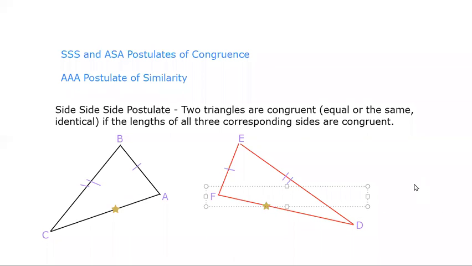So the order in which you name a triangle when you're saying they are congruent will affect things later when we start discussing similarity.